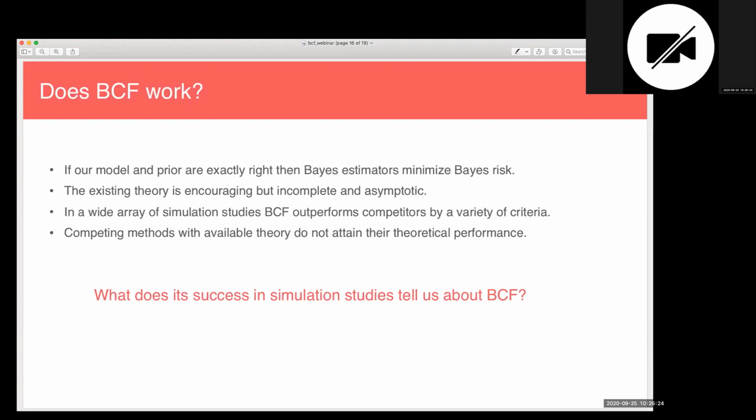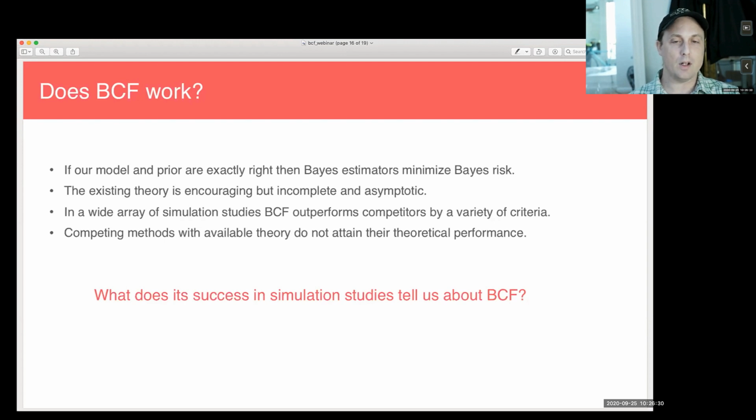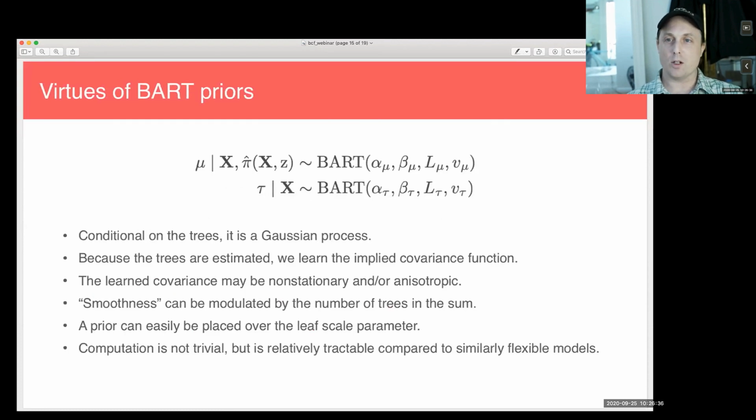Another question: how do you pick the prior parameters on BART? It depends a little bit. Thank you for that question, because it allows me to emphasize something here. We have two independent BART priors on mu and tau, and one nice thing is that we can set them separately. We can put stronger priors on tau than we do on mu, for example, which is our default.